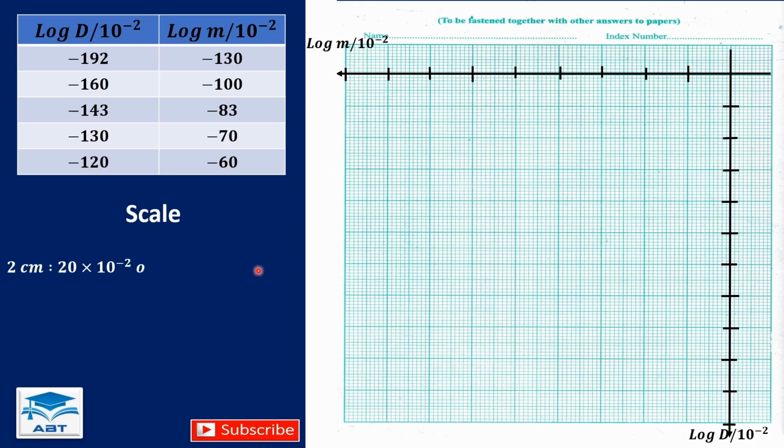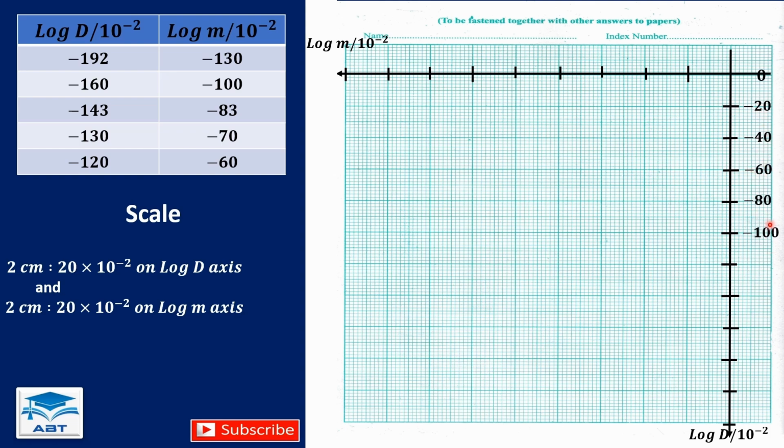So we choose a scale. We will choose a scale of 2 centimeters is to 20 times 10 exponent negative 2 on log D axis, and 2 centimeters is to 20 times 10 exponent negative 2 on log M axis. So we start from 0, negative 20, negative 40, negative 60, negative 80, negative 100, negative 120, and so on.